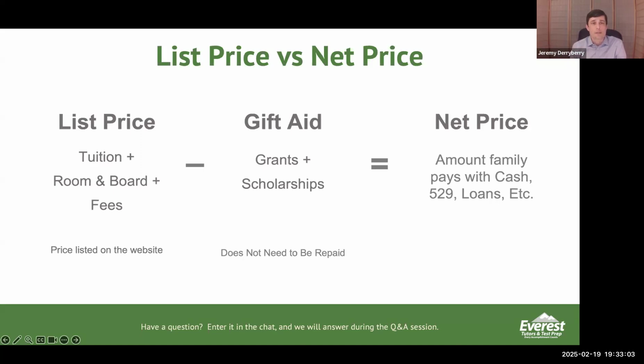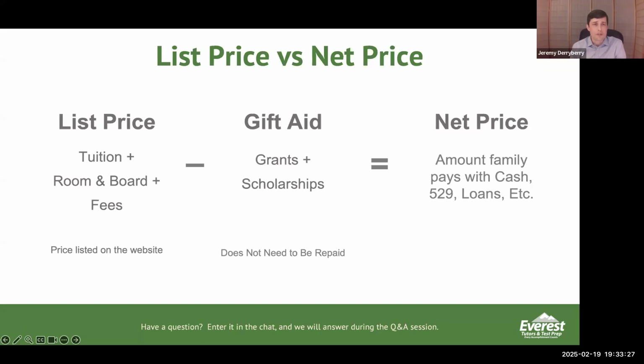They're going to talk to you about the sticker price, and that's often a shock for most people. But what you really are concerned about is what is going to be your net price. And that's going to be their list price minus any kind of aid that you might receive from the school or any sort of outside scholarships, grants, things like that.